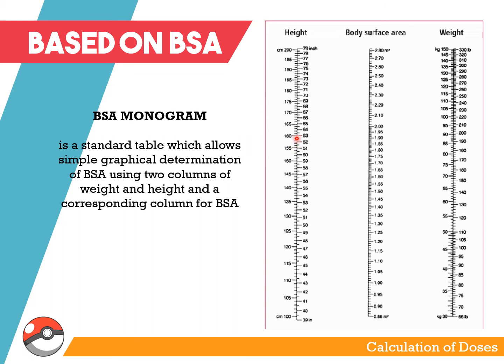So you will draw a line, or you will use a ruler and place it on the 160 point and the 125 point, and then wherever it lands on the body surface area scale or column, that is the BSA.